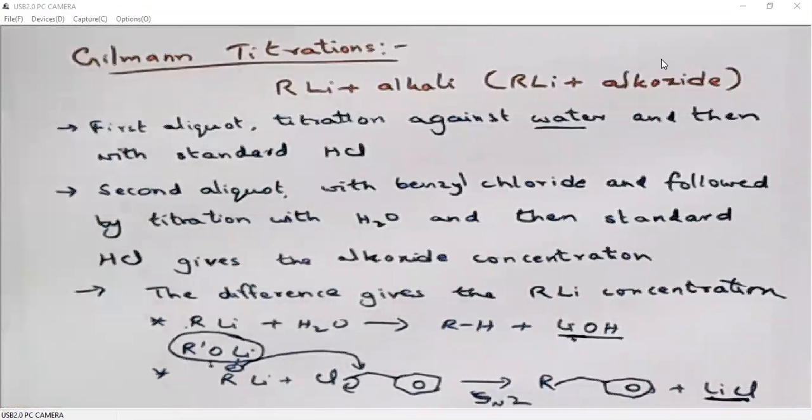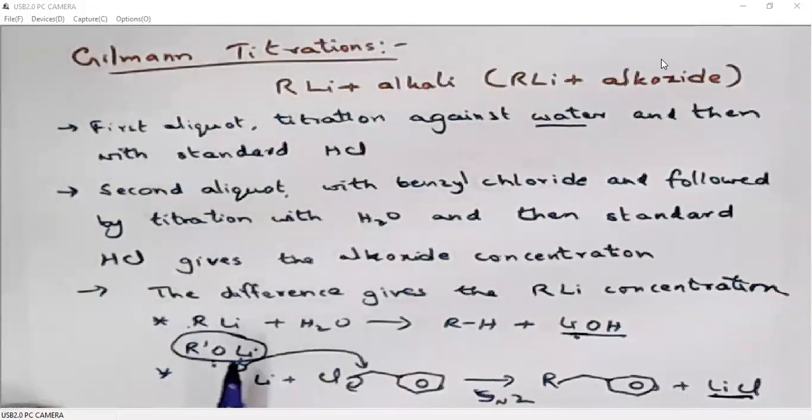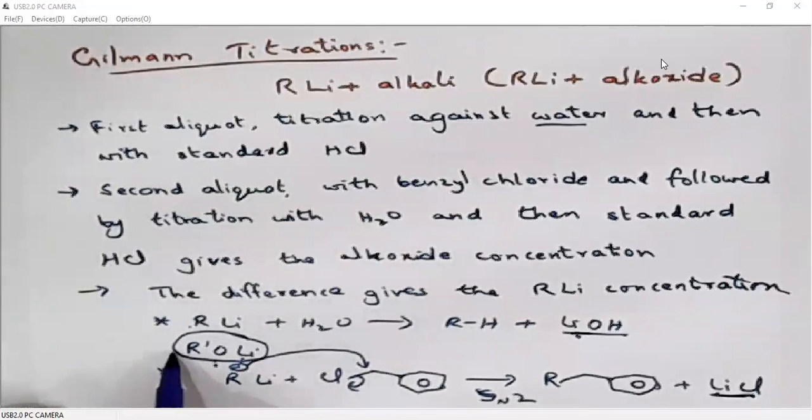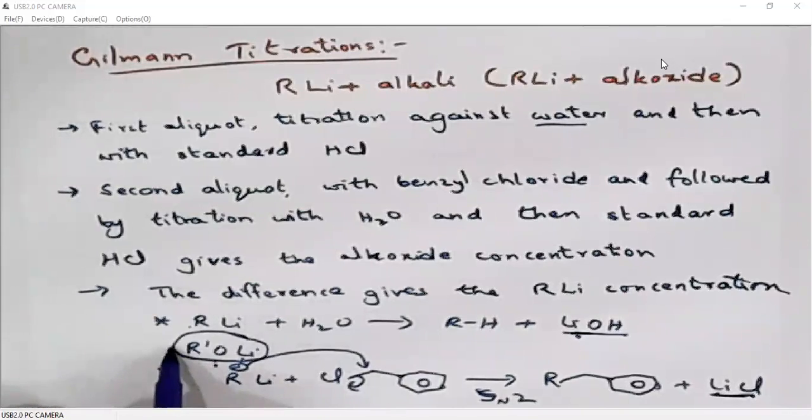So in the second titration, first we will treat alkyl lithium with benzyl chloride. So it undergoes an SN2 reaction to generate an alkane plus lithium chloride. Lithium chloride is a salt. So titration with water will not differ anything. Okay. So it will not give you any inference. Then when we titrate it with HCl, that will give the concentration of base, alkoxide ion base.